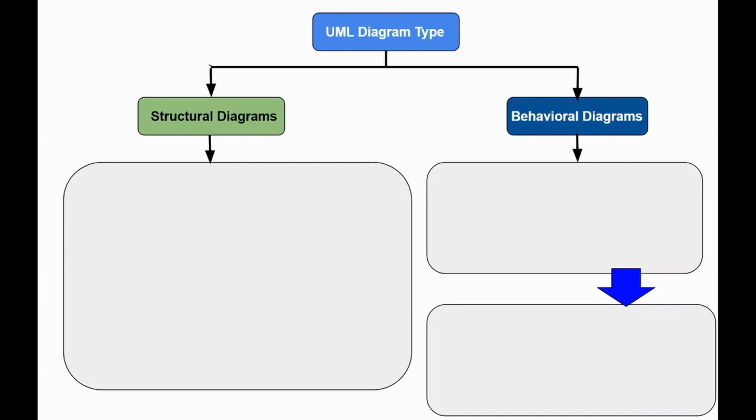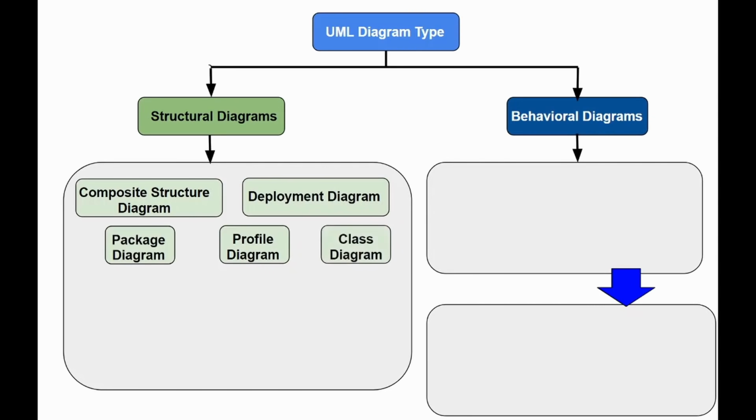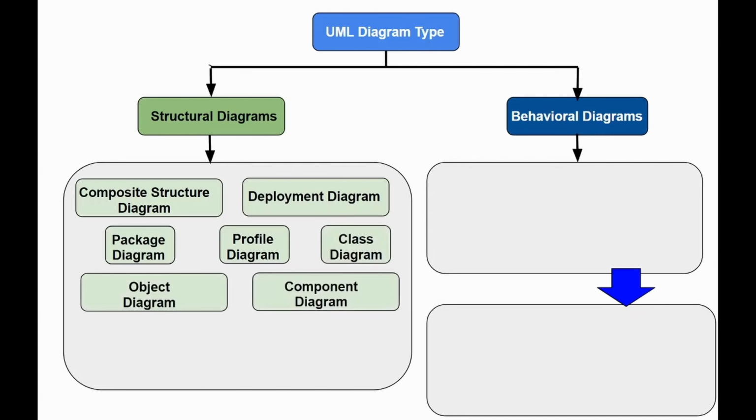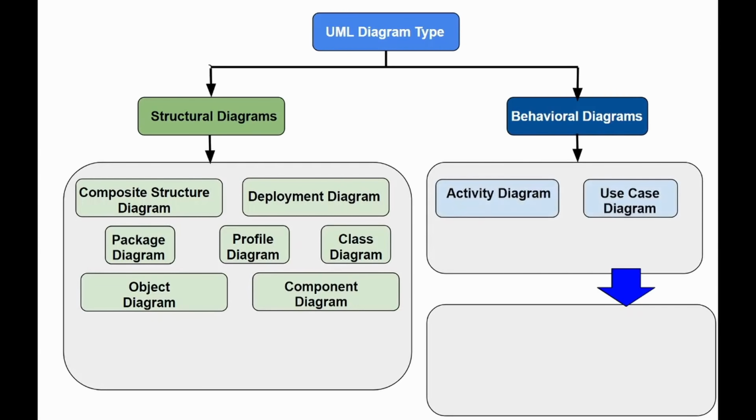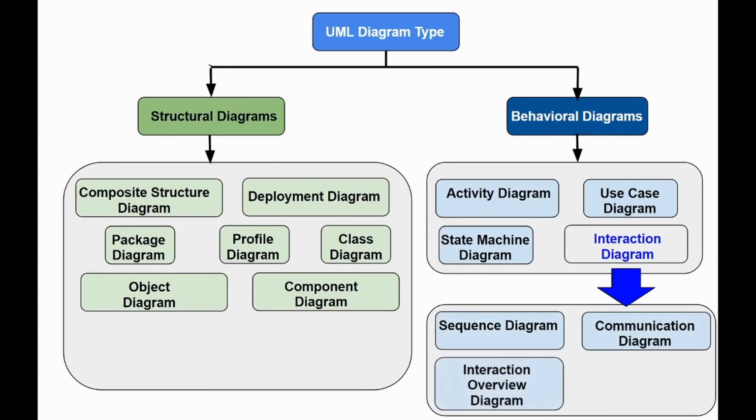There are 7 types of structure diagrams: composite structure diagram, deployment diagram, package diagram, profile diagram, class diagram, object diagram, and component diagram. Behavior diagrams include activity diagram, use case diagram, state diagram, sequence diagram, communication diagram, interaction or view diagram, and timing diagram. Now a few words about each one of them.